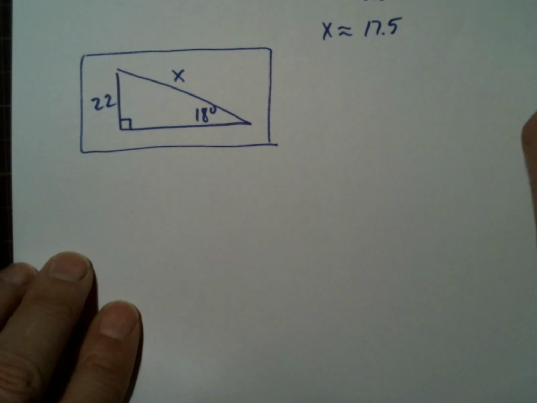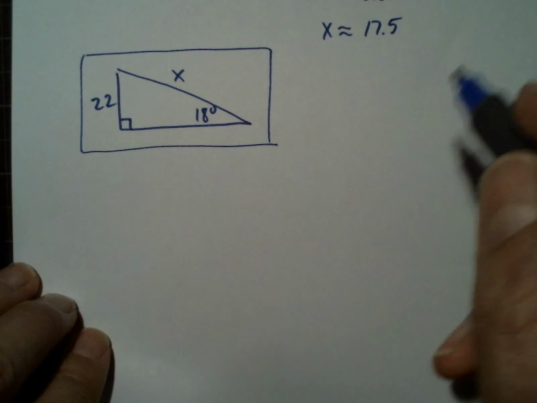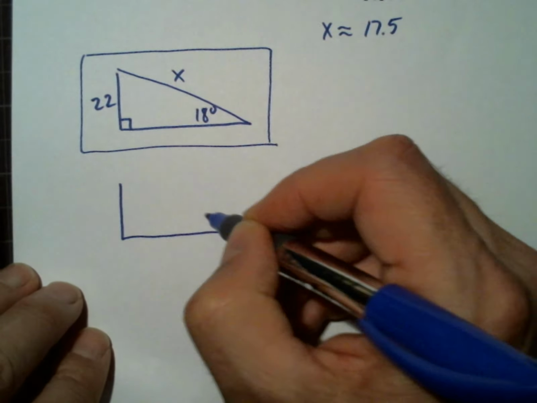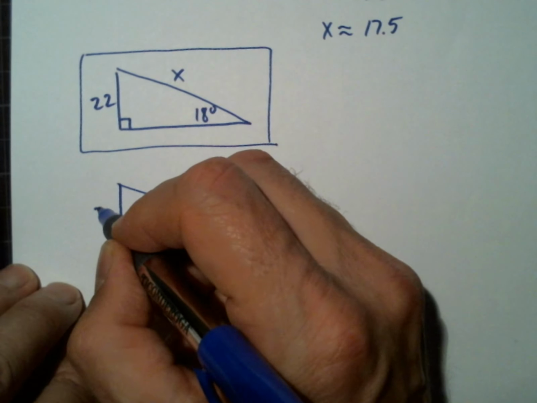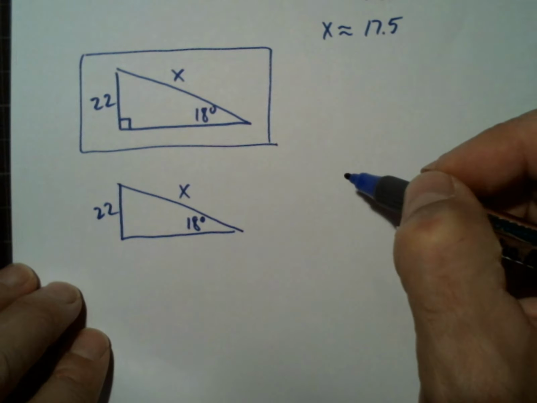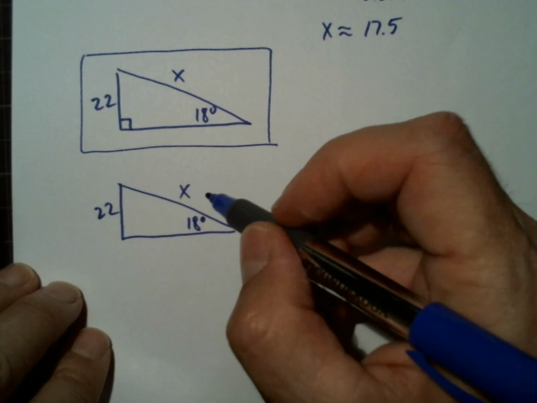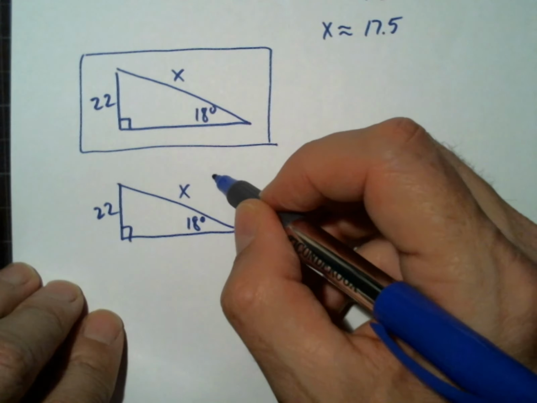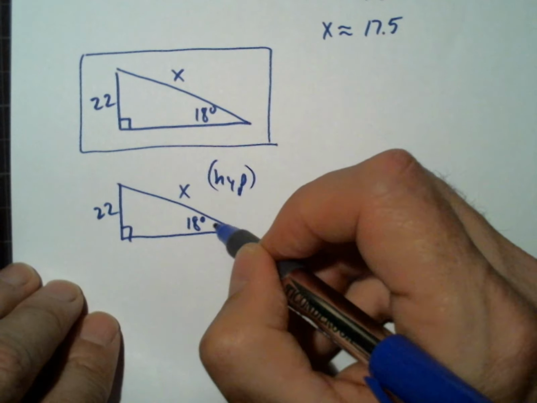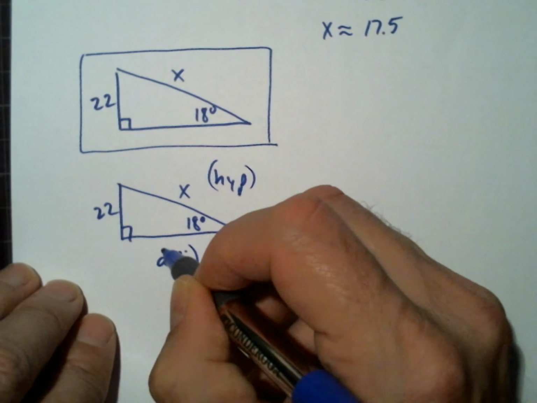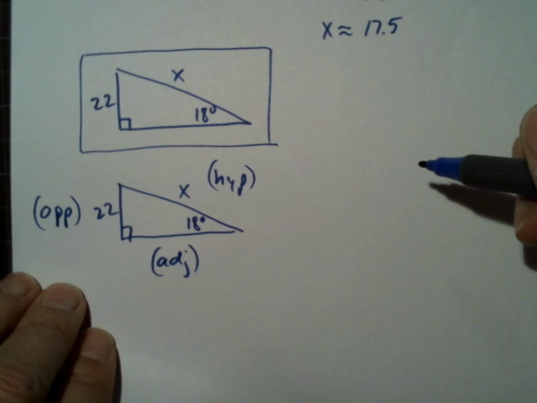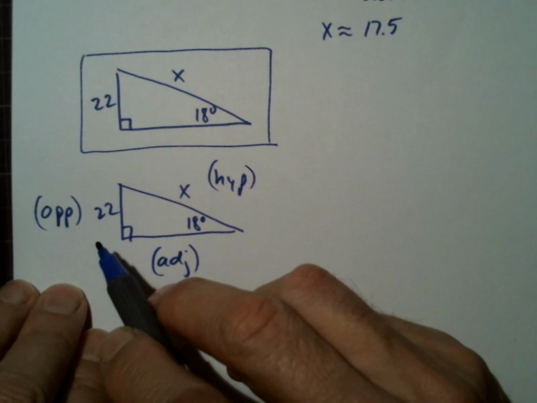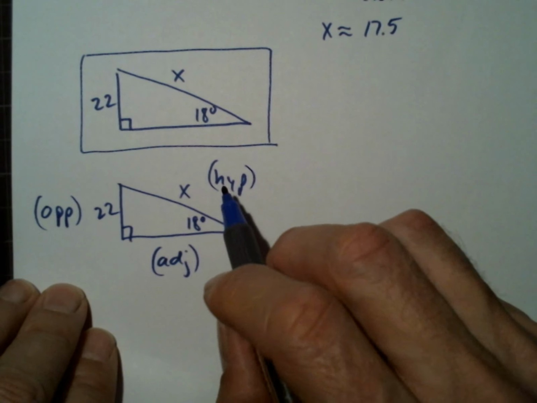All right, pause the video and try that one. And we have to label the sides so we know that there's the hypotenuse. This is the adjacent, and there's the opposite. We need to have a trig function that has the opposite and hypotenuse.